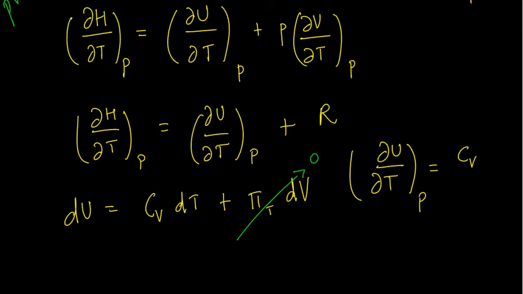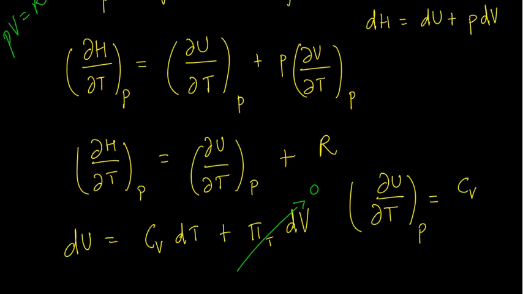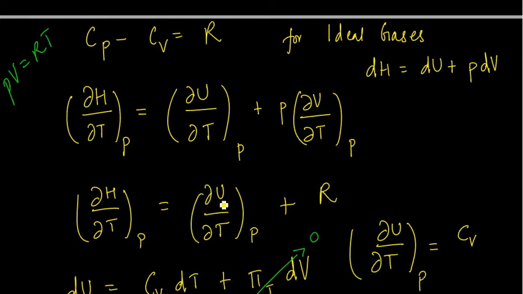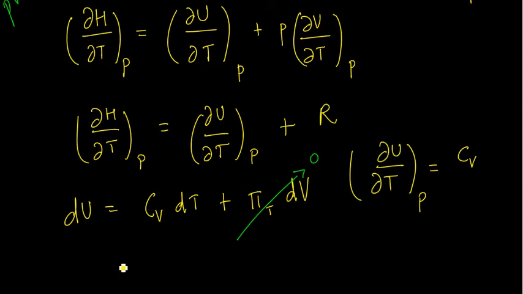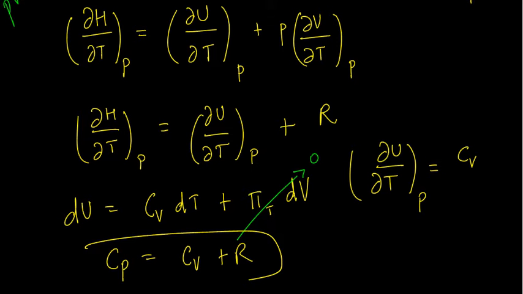If I plug this back into the equation, this comes out to be Cv. So this gives the expression that Cp is equal to Cv plus R, which is what we were looking for. Any doubts with this? That's fine.